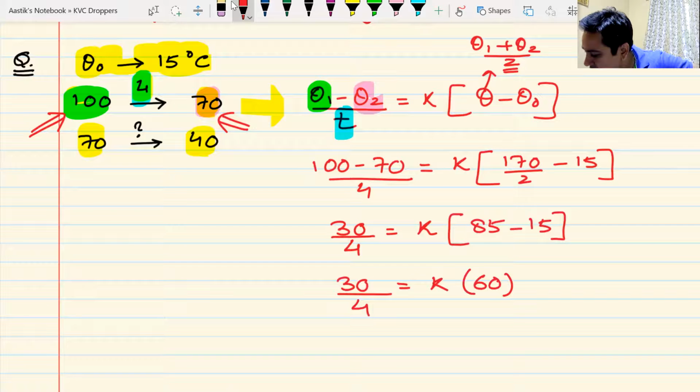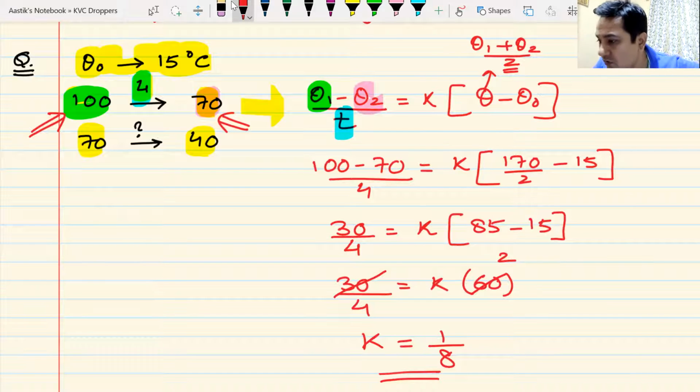Yes or no? Do we understand what I am doing here? 30, 60 goes twice. From here I can find out the value of k, and the value of k would be 1 by 8. Do we understand this?